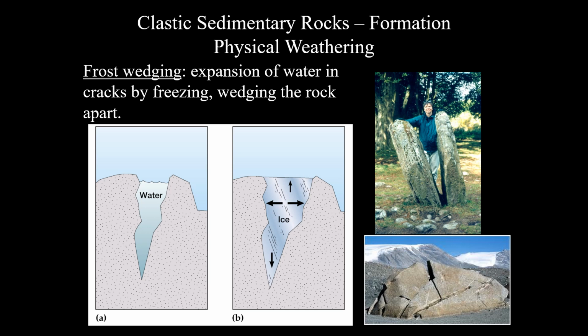And so these cracks will fill with water, and because water has this unique property that it expands when it turns into the solid form, ice, it starts to actually wedge the rock apart. We call this frost wedging. And although it's doing it at a very small scale, the expansion of water is very small, over thousands or millions of years in geologic time, this can have a significant impact on expanding cracks in the rock.